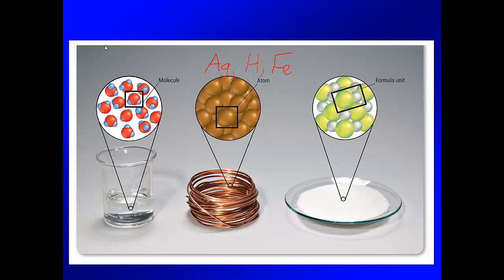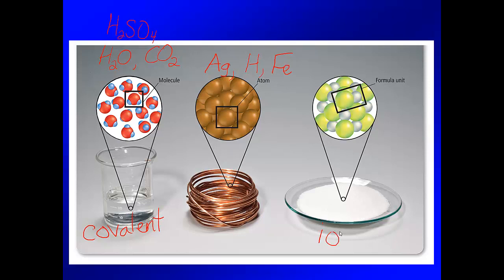If I start talking molecules, then I'm looking at compounds: water, carbon dioxide, sulfuric acid, H2SO4. That's a molecule. So if it's a covalent compound, we call it a molecule. Part of this vocab we haven't gotten to yet, but this is covalent.